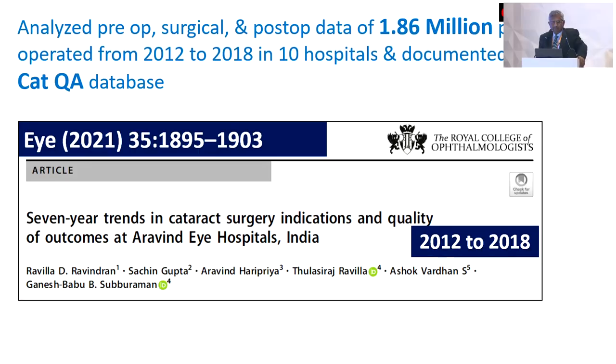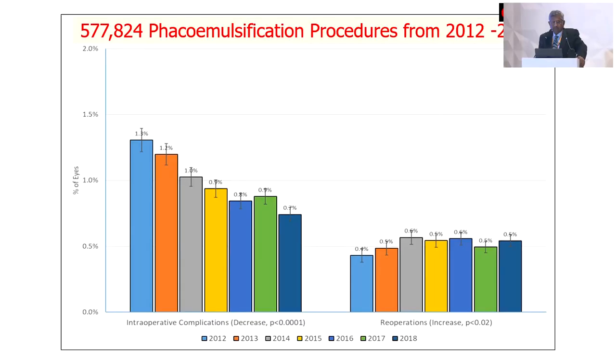And we published in the year 2021 the outcomes of about 6 years of about 1.86 million patients in the Eye journal. So I'm just sharing that. During this period, we have done about 577,000 cases, or 5.7 lakh phacoemulsification procedures.